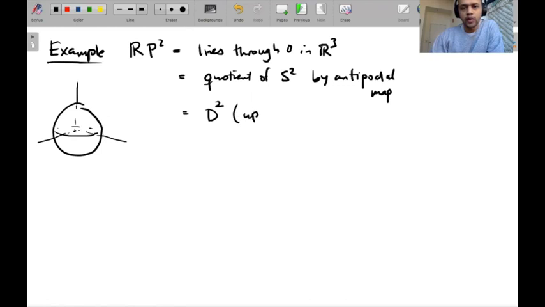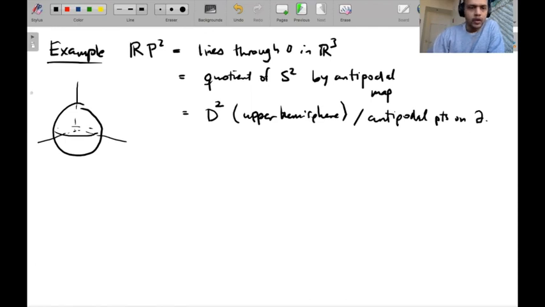This is the upper hemisphere, modulo antipodal points on the boundary. So that's like this upper hemisphere. Every line goes through the upper hemisphere at least once, and then it goes through points on the hemisphere in the XY plane twice. Okay, so this is RP2, just a reminder.